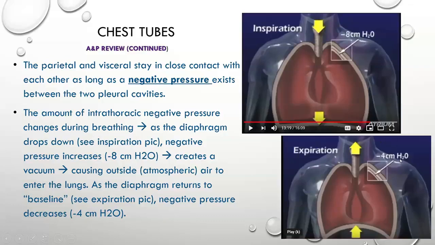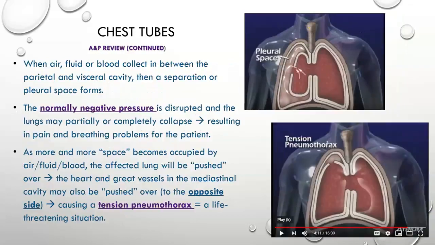But what you need to identify is that it's always negative, as opposed to outside atmospheric air, which is considered to be 0. This is a physics thing. It's not necessary that you know these numbers, but you need to get that the intrathoracic pressure is negative and the atmosphere is 0.